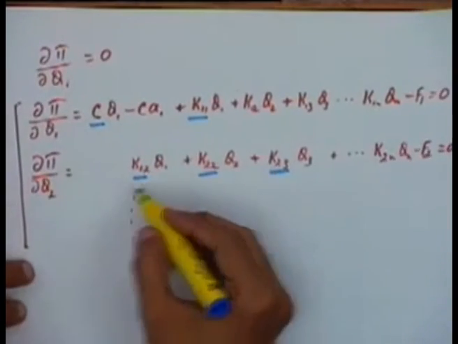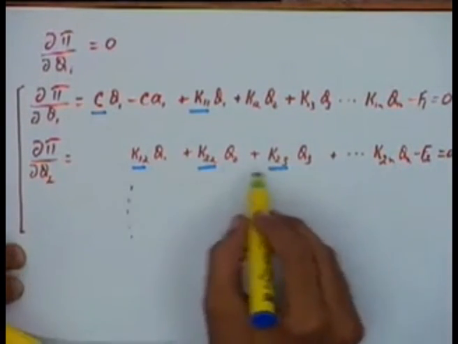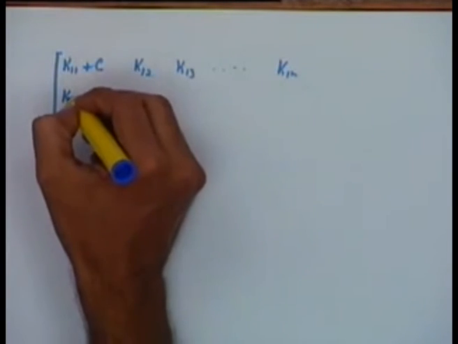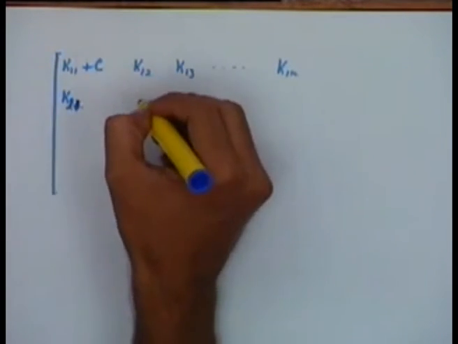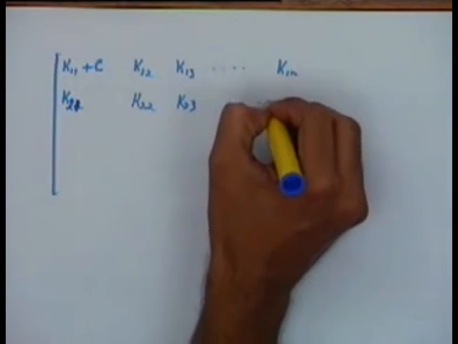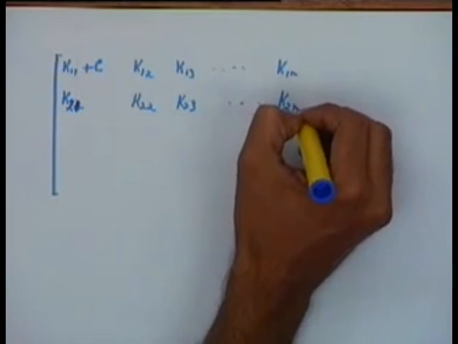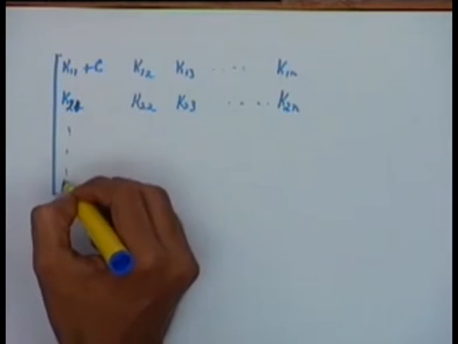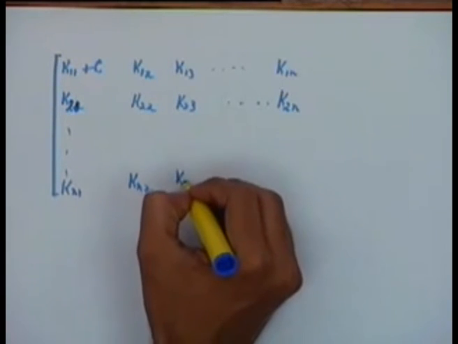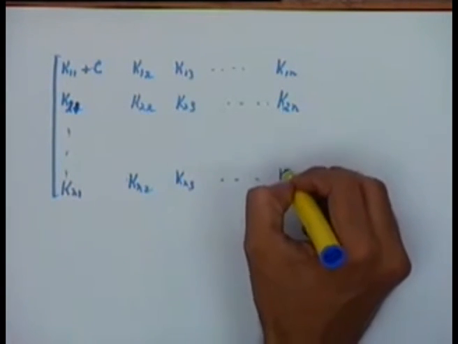If I take up the second equation, I will get k12, k22, k23 and so on. So this will become k21, k22, k23 and so on up to k2n, and this will continue. We will get kn1, kn2, kn3 up to knn.